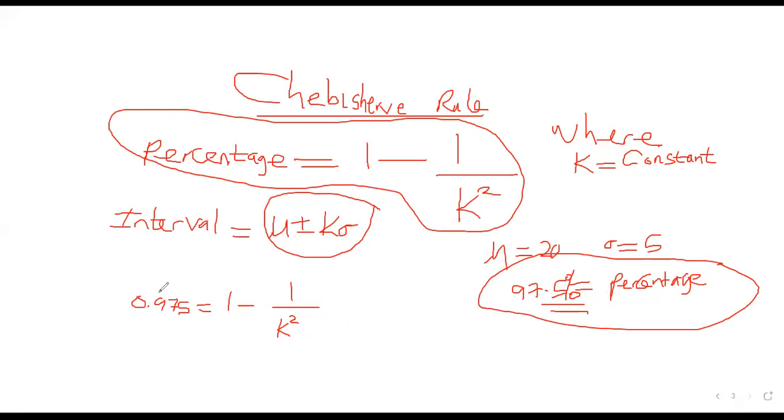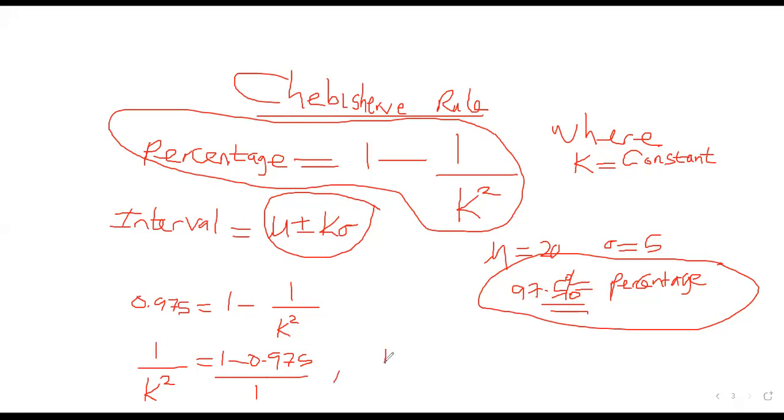This is how we are getting the percentage there: 1 minus, this is the constant. So let us find our k. When we find our k, then we come and find the interval. We take this one to the other side, so it will be 1 over k squared, which is equal to 1 minus 0.975, which is simply over 1.